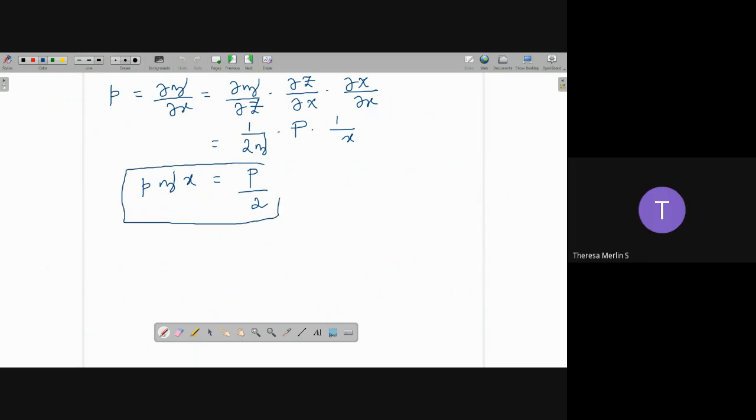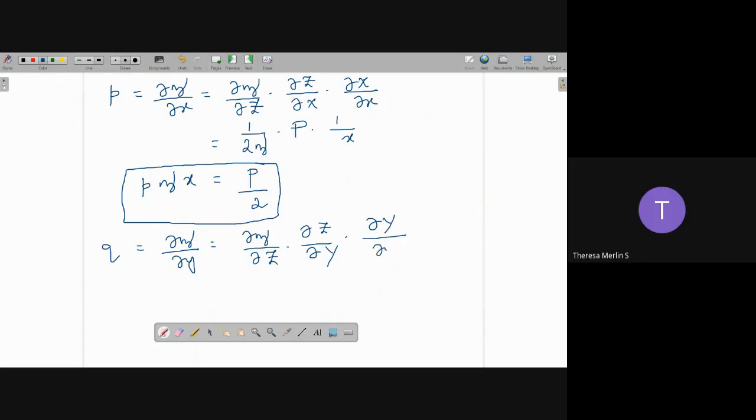Next, small q is equal to dou z by dou y, equal to dou small z by dou capital Z into dou capital Z by dou capital Y into dou capital Y by dou small y. So capital Y by small y.